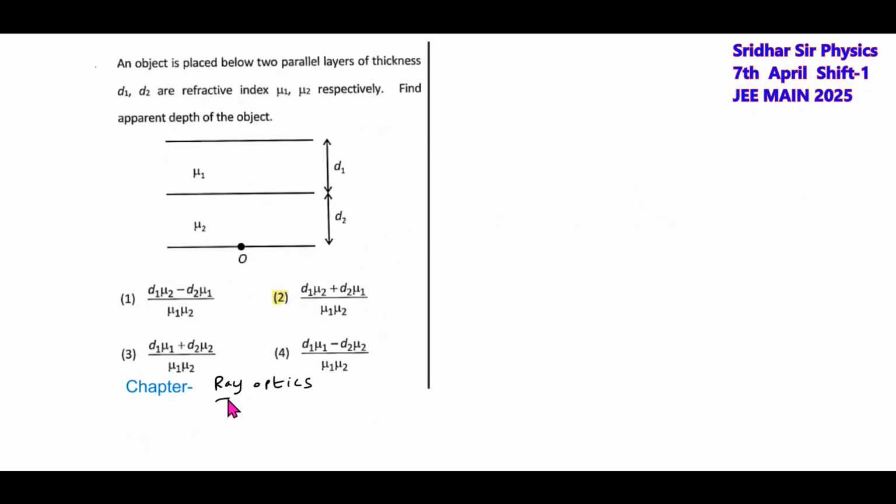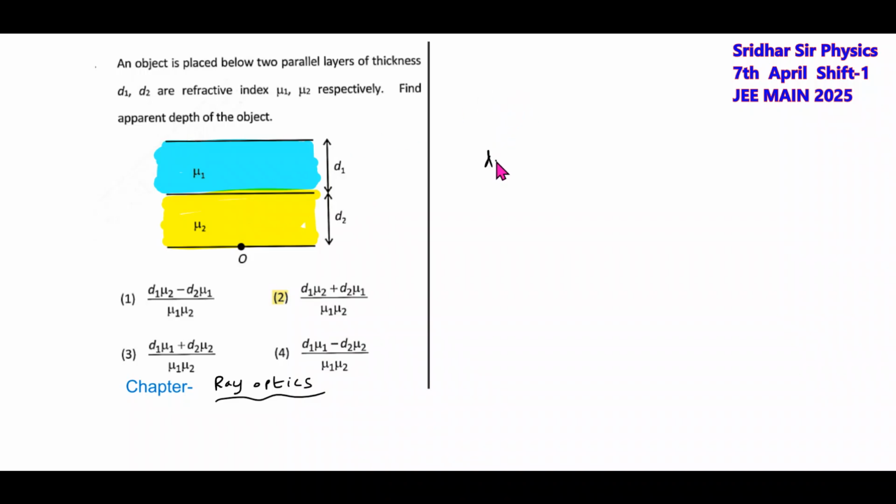The question is based on ray optics. An object is placed below two parallel layers of thickness d1 and d2 and refractive indices mu1 and mu2. Find the apparent depth of the object. This is the object. Here we are having two liquids, liquid 1 and liquid 2. We have to get the apparent depth.